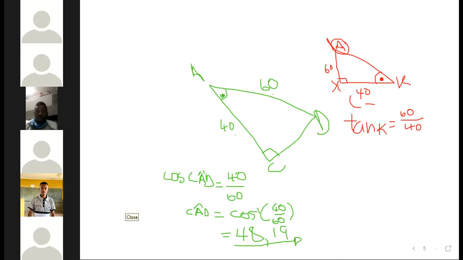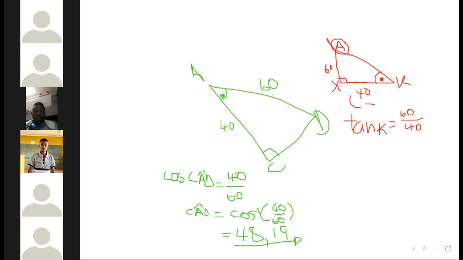So can we look at the diagram very carefully? So BAE. On BAE, you have 30 degrees, right? CAD, we just calculated it. How much did we get? 48.19, isn't it? That's how much we got.